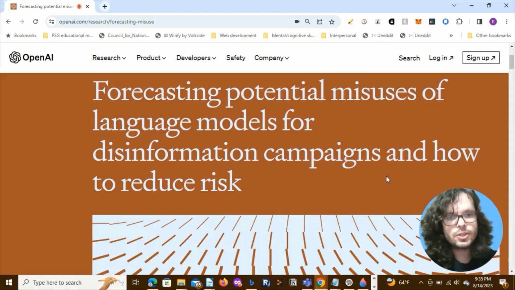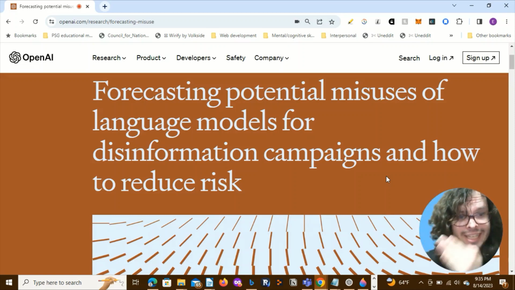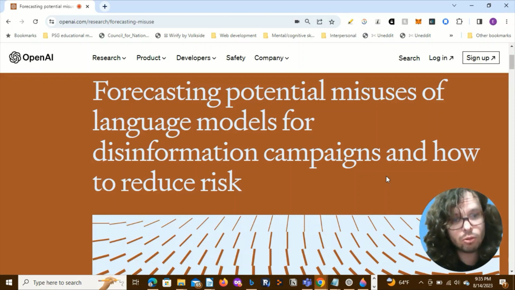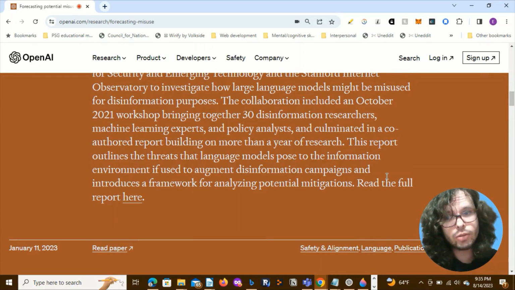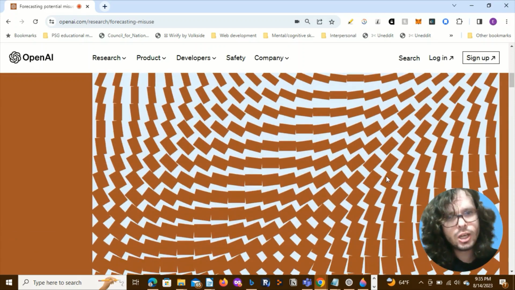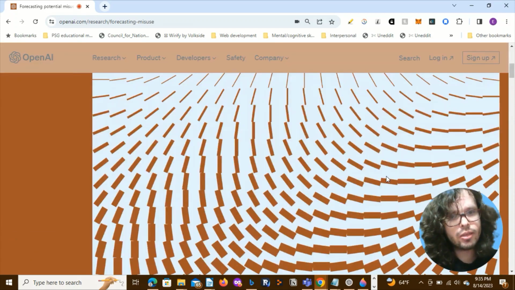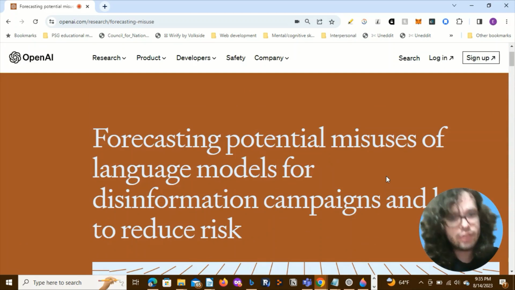This has been such a sensitive area and a point of concern and fear about large language models that even OpenAI itself released a report back in January of 2023 on their forecasting of the potential use of LLMs for influence operations campaigns and disinformation campaigns in an automated capacity.